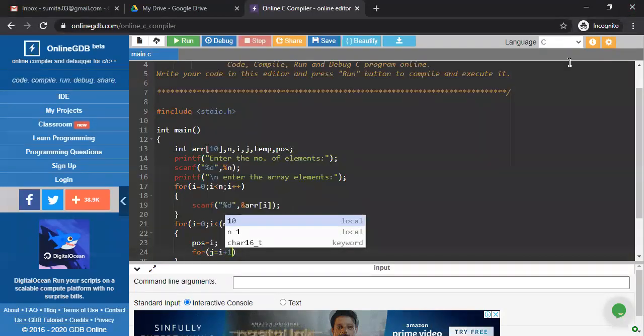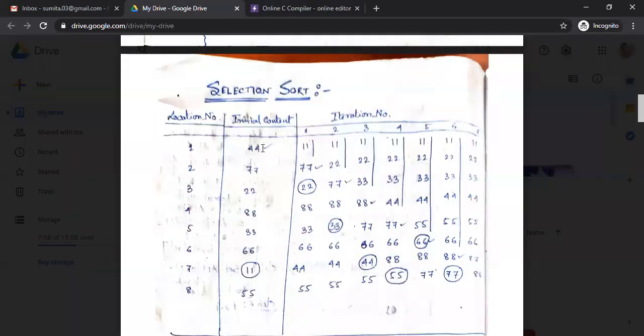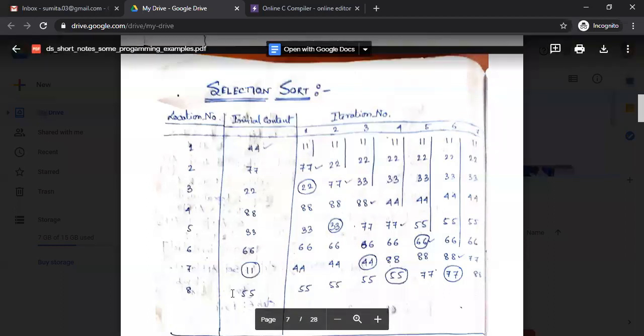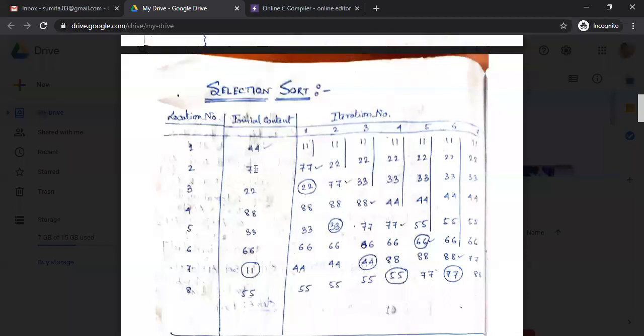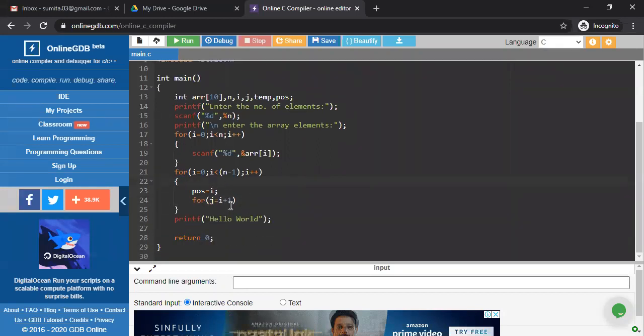Because in that example, 44 we have already taken. Now we have to find out the smallest one between 77 to 55. So we execute our loop from i plus 1, because i is already occupied by 44. So we are not bothered about i.